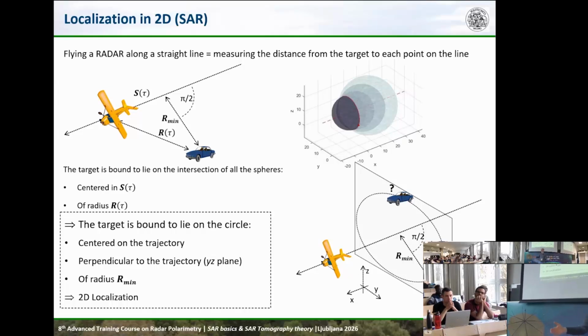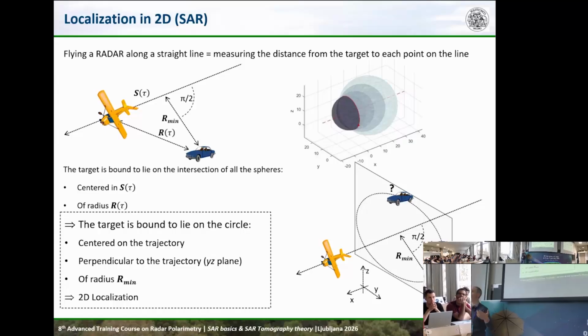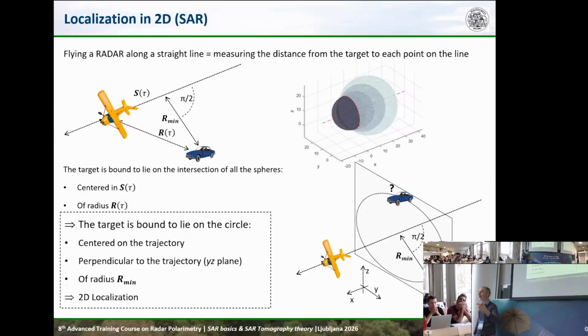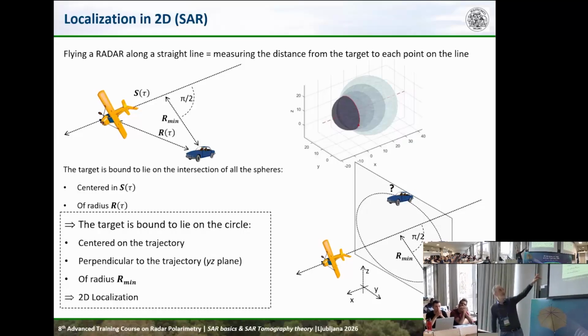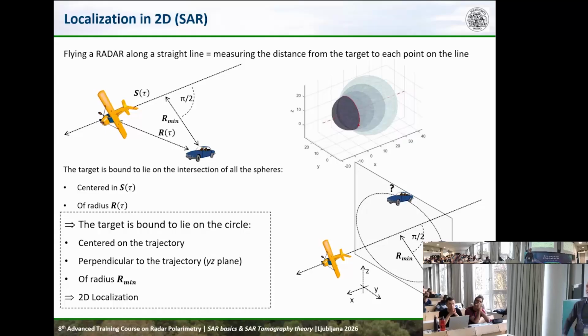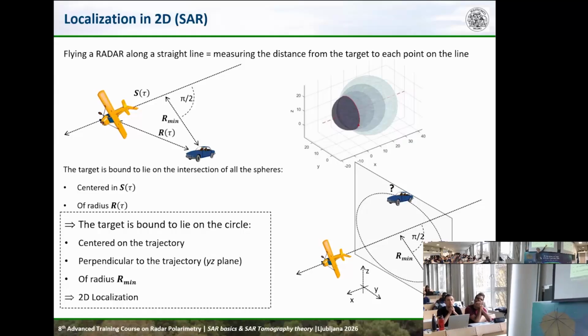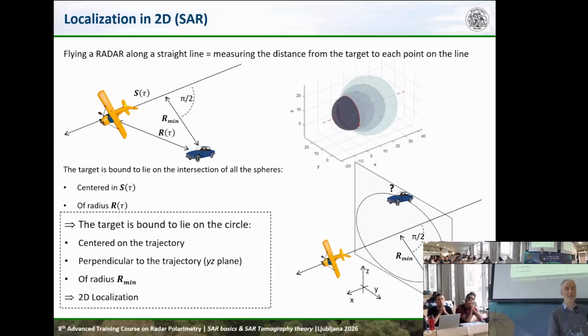At the end of your experiment, the target is bound to lie on the intersection of all the spheres. And if you compute this intersection, which is what I try to convey with this picture over here, then you have that the intersection is a circle that is centered on your trajectory at the point where the target is closest to the radar.